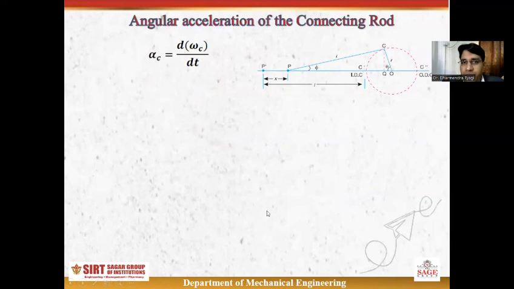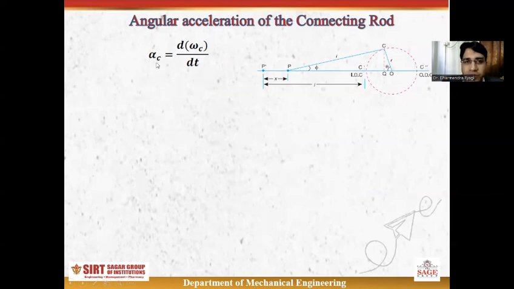So now the angular acceleration of the connecting rod. We have to derive the expression for the angular acceleration of the connecting rod. As we know that we have the angular velocity, the differentiation with respect to time of angular velocity will give the angular acceleration of the connecting rod.